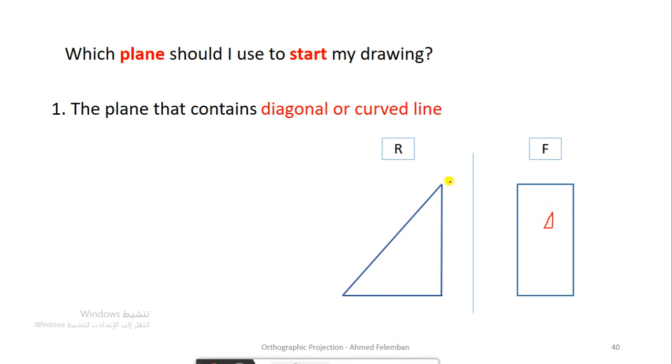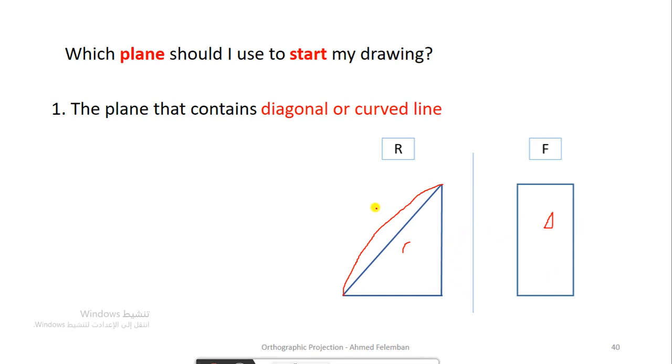If you have a view with a diagonal that affects the whole part, choose that view. The same goes for a curve: not a small curve, but one that affects the whole drawing. So choose the view that has a diagonal or curved line, not a straight line.